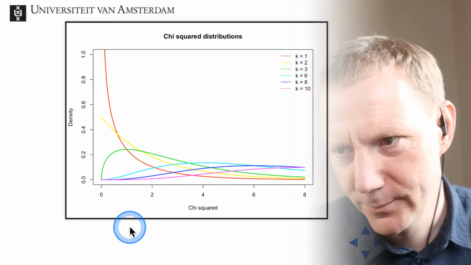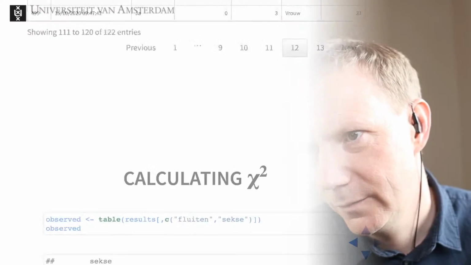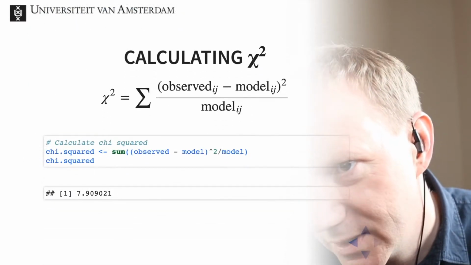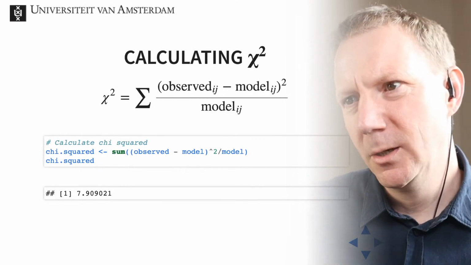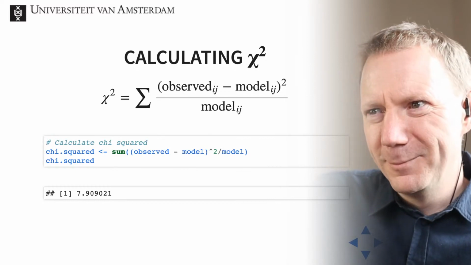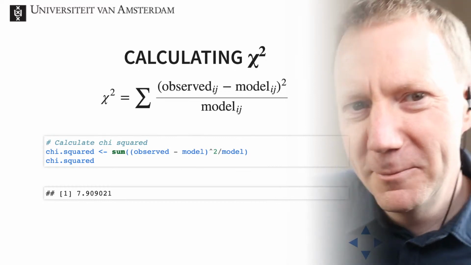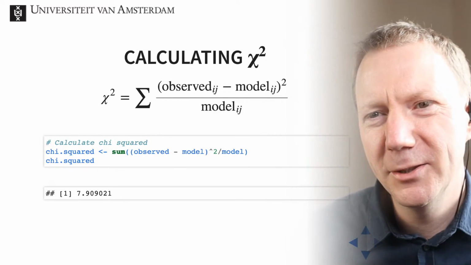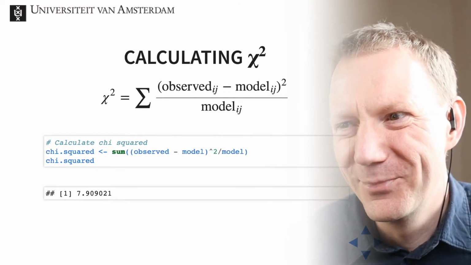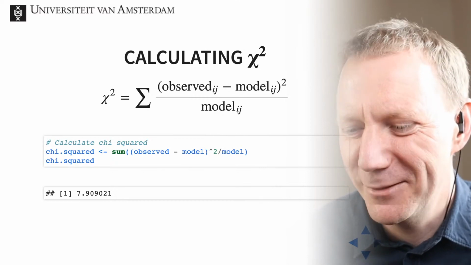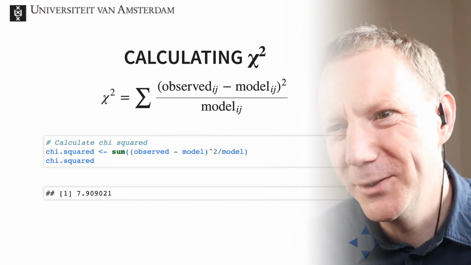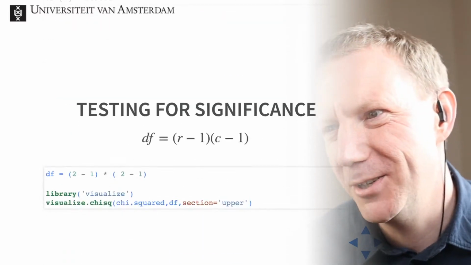If I'm getting a result of 7.9, well, this is higher. So even though Simone didn't do a really good job with his setup of his research, he's still onto something. There is a difference between gender and being able to whistle, as these results show.